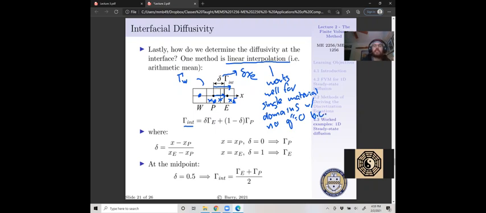And we could easily use a linear interpolation scheme on the interior of our domain to determine our interfacial diffusivities. All right, so everyone's pretty familiar with interpolation. This is nothing more than what you see in your undergraduate thermodynamics course.